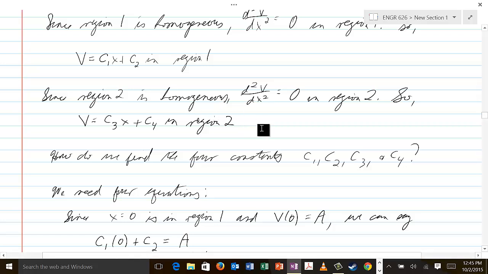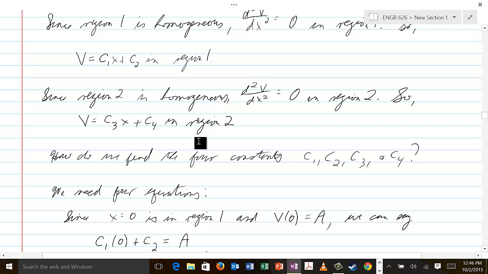Well, we need 4 conditions. And what are those 4 conditions? Well, one is that V is equal to A when x is equal to 0. That will determine that c2 is equal to A. Another boundary condition is that V is equal to B when x is equal to L. So that will apply to this expression, and that will help us to find c4 and c3.